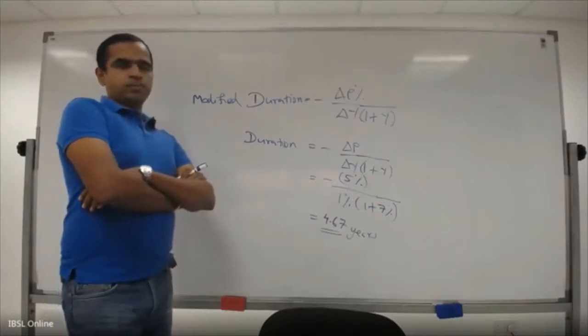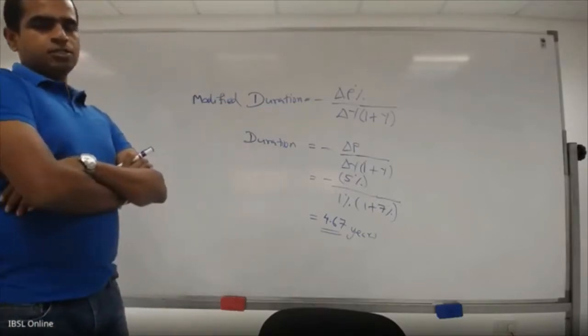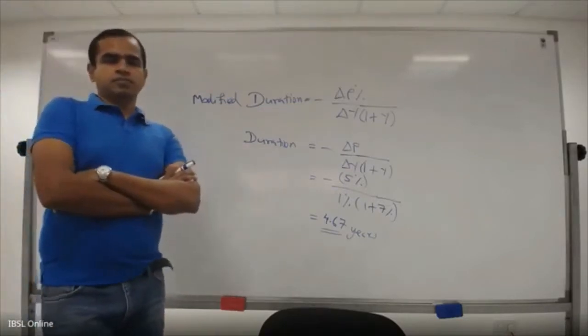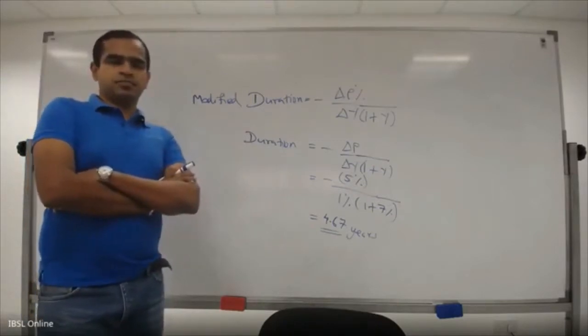Next one, if a bond has a duration of 5 and the yield increases from 7 to 8%, calculate the approximate percentage change in the bond price.